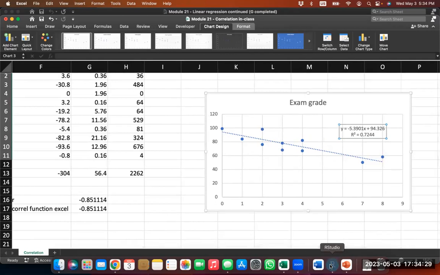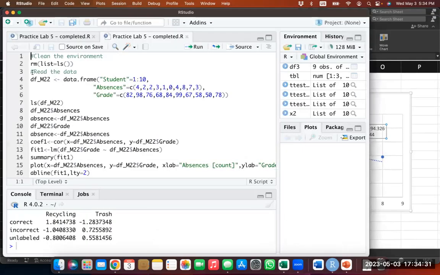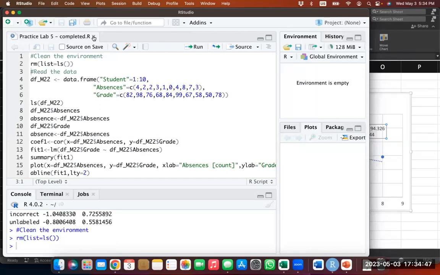So now opening this up in R. We have practice lab 5 completed.R as today's R code. We open this in RStudio. On line 1, we have clean the environment, which is just a comment. Line 2 essentially removes, as we did in past labs, a list of all objects in the environment.